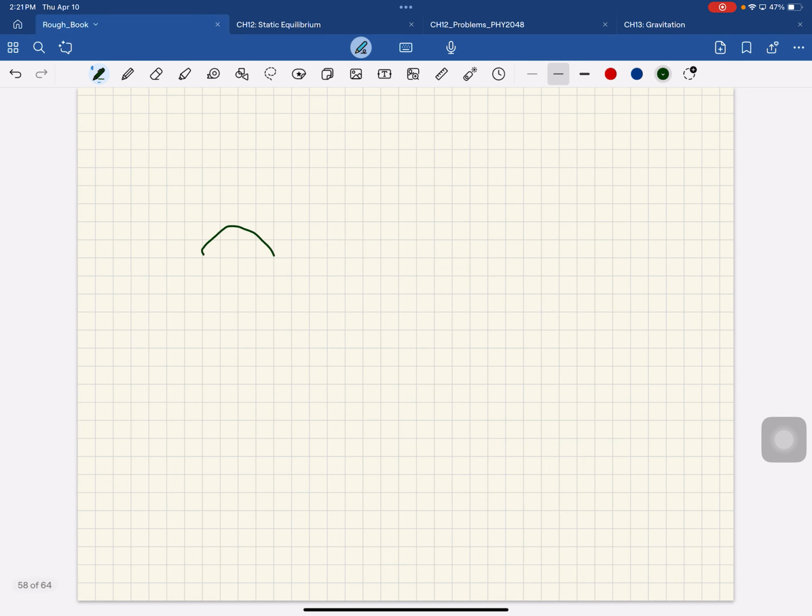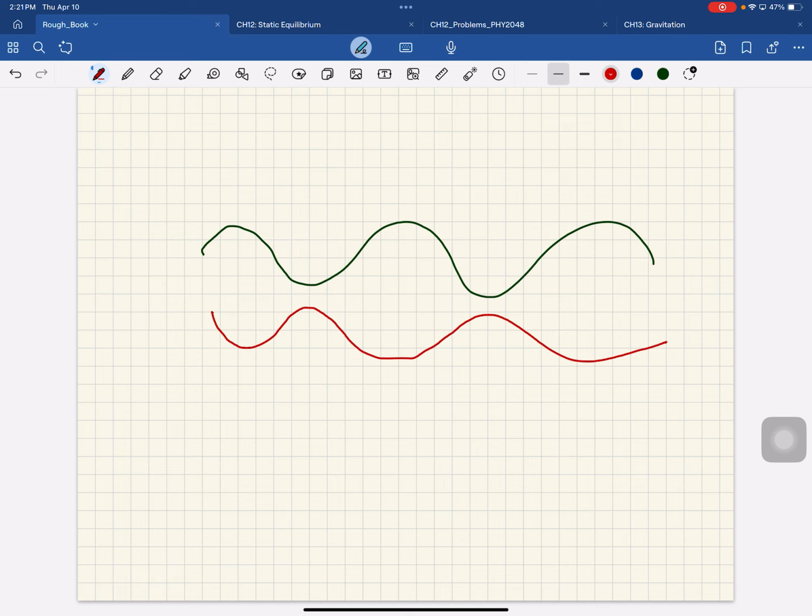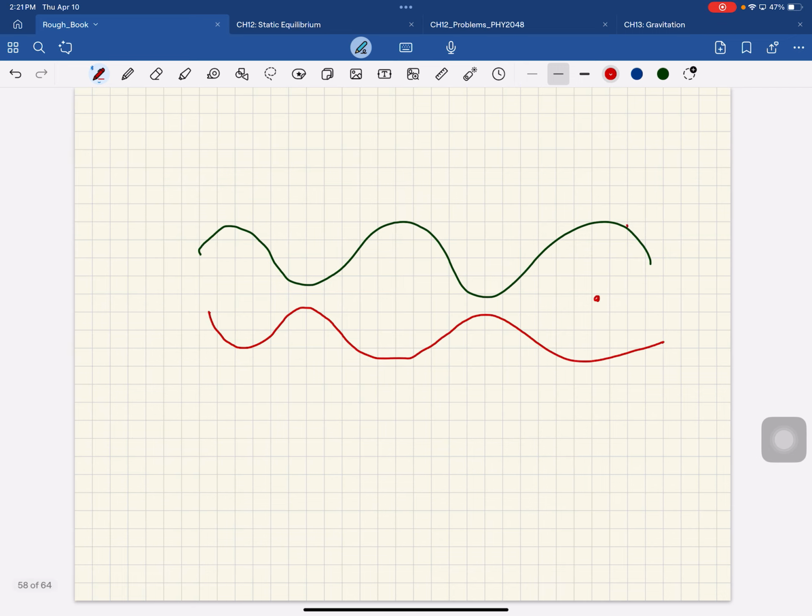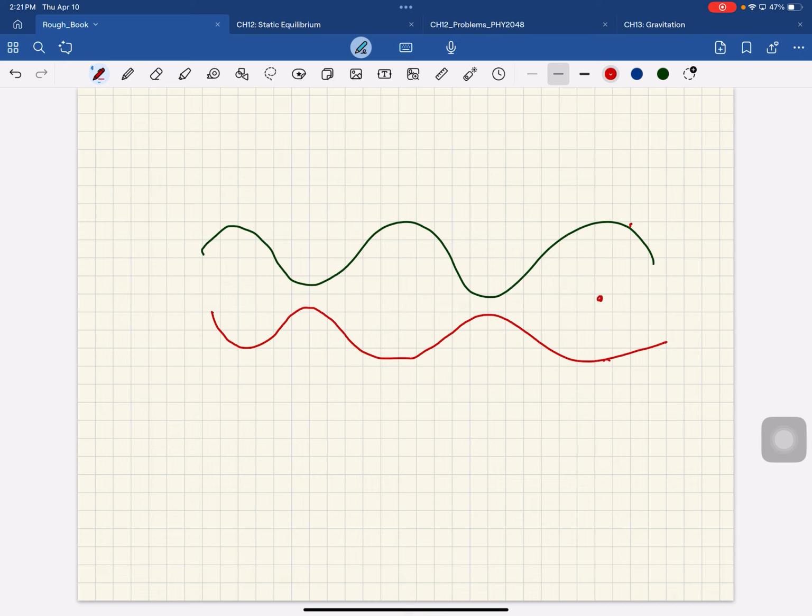Here is a light beam. Those are the crests and troughs. If you have another light beam coming such that the trough matches the crest, what will you see there? This beam will exactly cancel this beam, and you have a dark spot there.